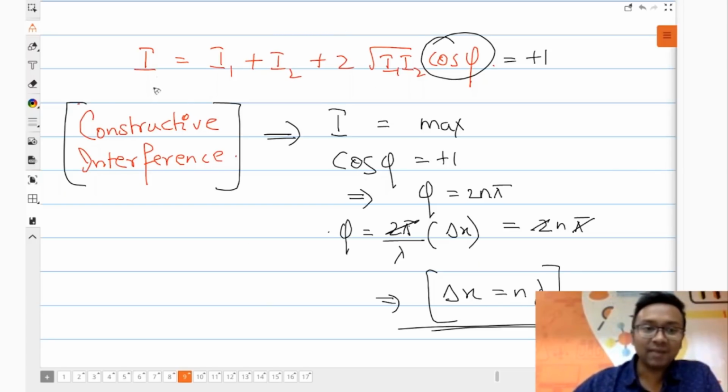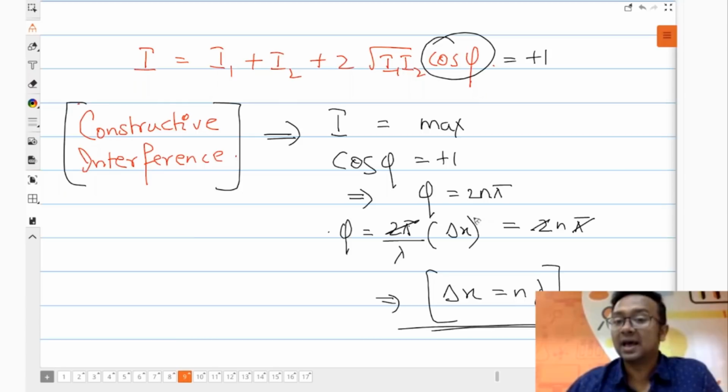Similarly, when I'm going to have a destructive interference, cos phi is going to be minus 1, then phi should be equal to 2n plus 1 pi, and then delta x will become 2n plus 1 into lambda by 2.